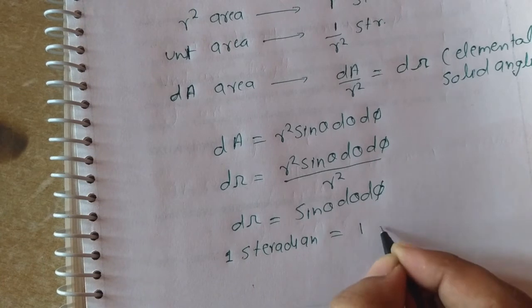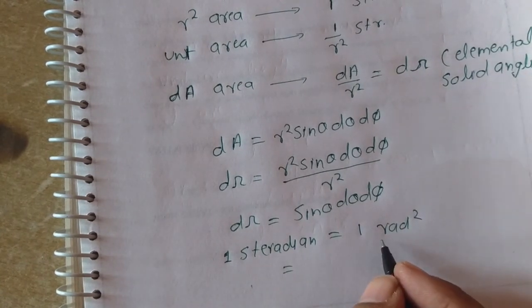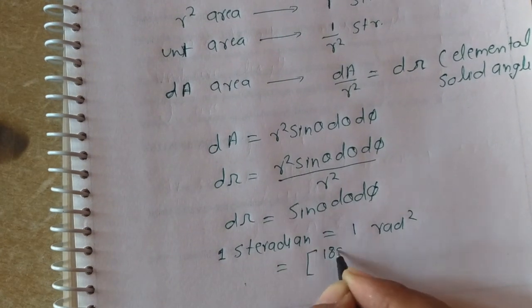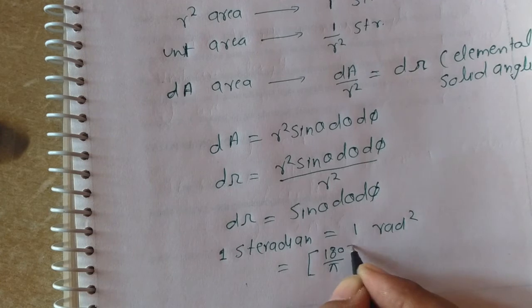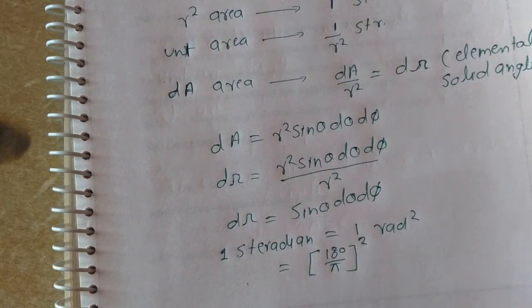1 steradian equal to 1 radian square. If we convert radian into the degree, then we have to multiply by 180 divided by pi. It is a radian square, so we have to multiply by a square of 180 divided by pi.